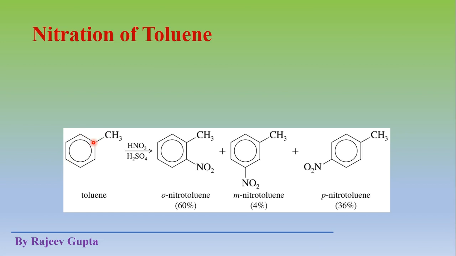Suppose it is first position, then this second position is ortho, this is meta, and this fourth number position is para. Here this portion is exactly similar to this portion, so it is ortho. This second number position is ortho, this is meta, and this is para.